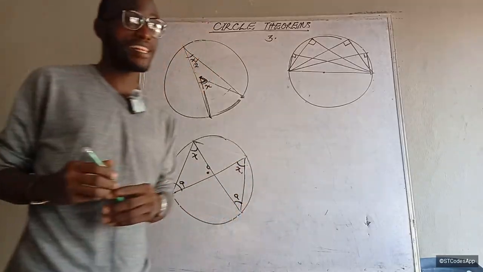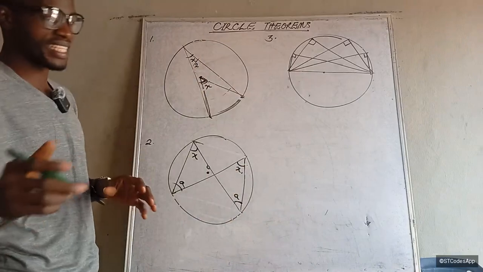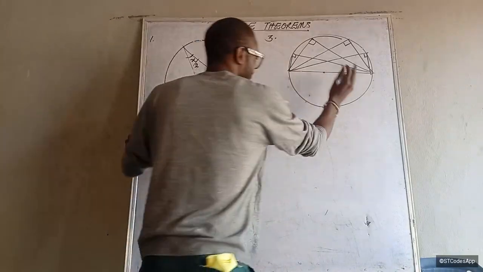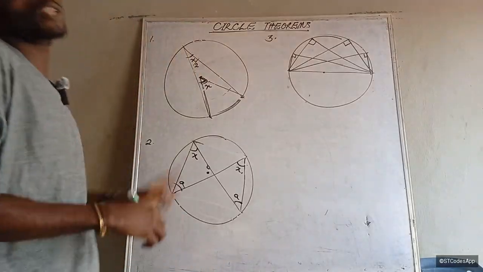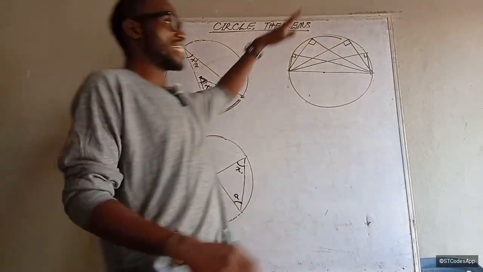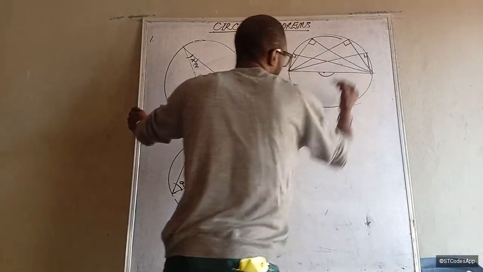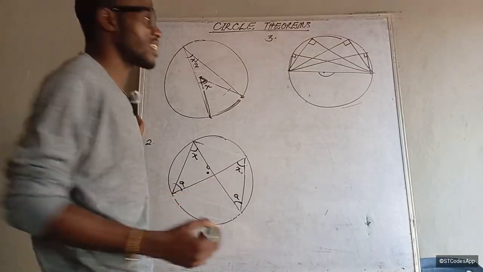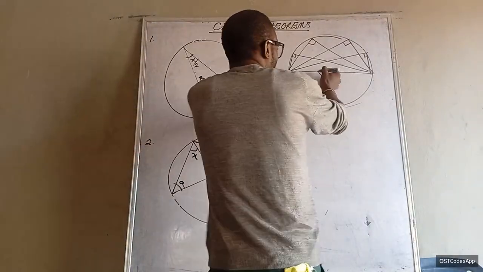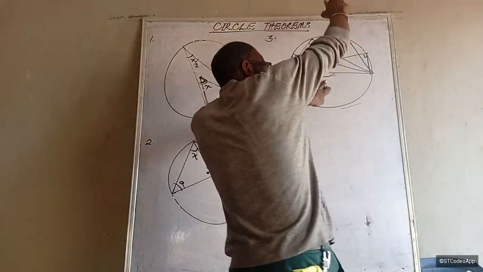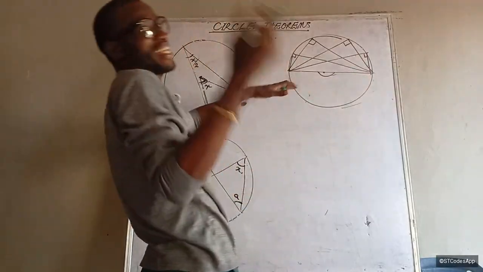Let's make sense of it. We have already said that the angle subtended at the center is always double that which is subtended at the circumference by an arc. Look at this arc. If you reduce it to the center, it becomes 180 degrees, right? So 180 degrees is subtended at the center, and at the circumference, half of it will be subtended by the same arc.